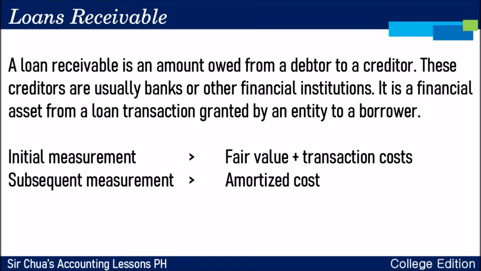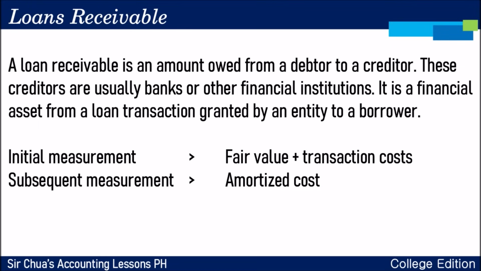It is a financial asset from a loan transaction granted by an entity to a borrower. So if the entity is a bank or financial institution, nagkakaroon sila ng financial asset na tinatawag nating loans receivable because nagpautang sila or nag-grant sila ng loan sa isang borrower.